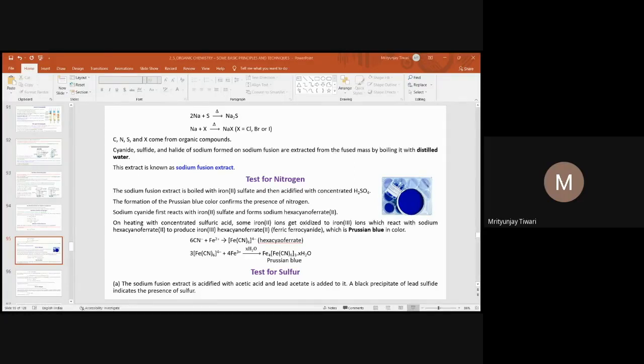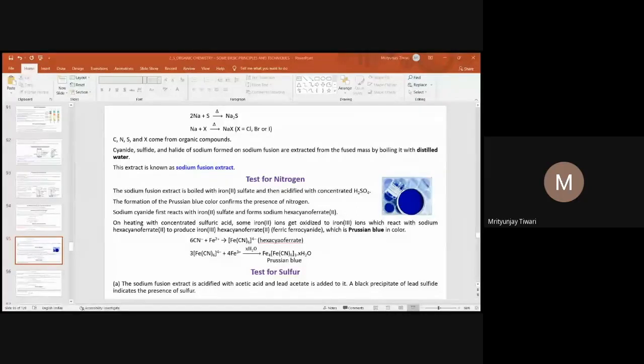If the sodium fusion is carried out with excess sodium, not just the stoichiometric amount, the thiocyanate decomposes to cyanide and sulfide. So even though thiocyanate forms initially, if excess sodium is added, the SCN minus ion dissociates into sulfide ions as well as cyanide ions.